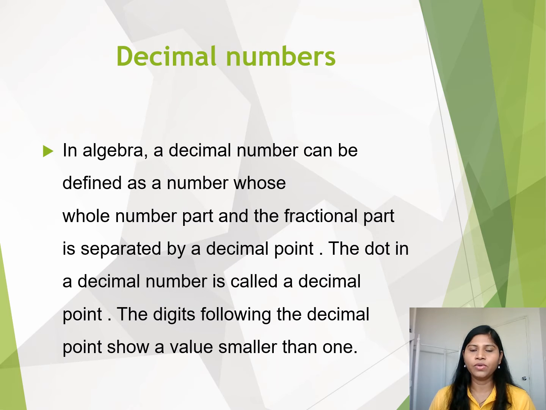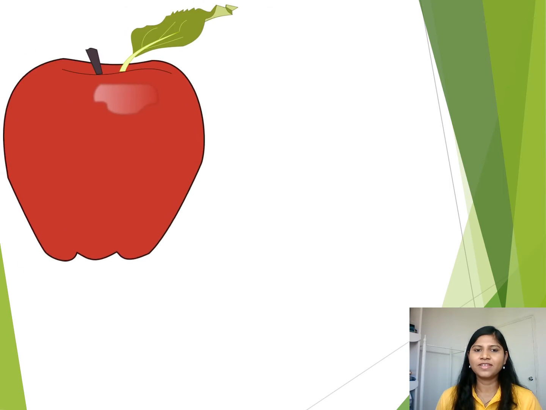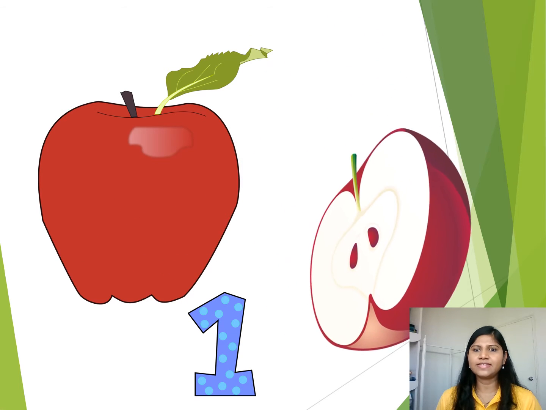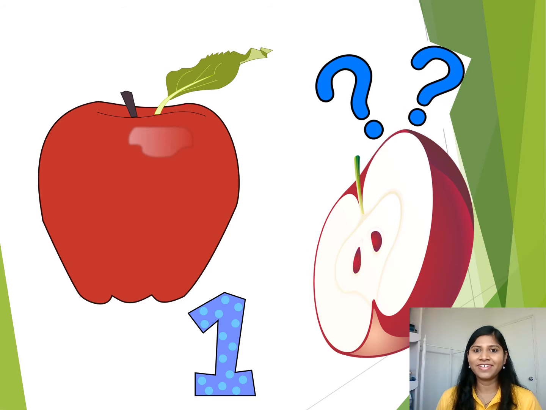I will show you how it looks in a picture, why decimal numbers are so important and what the use of decimal numbers is. Here is an example of why decimal numbers are important. So this is an apple. I can write this one apple as a number. So here comes 1. But this is a half apple. How do I write half? Because this is less than a whole.